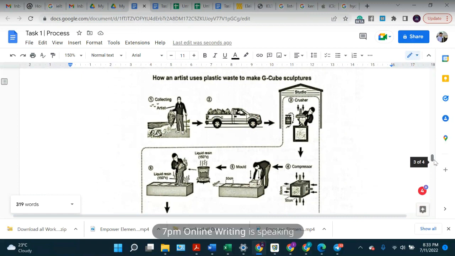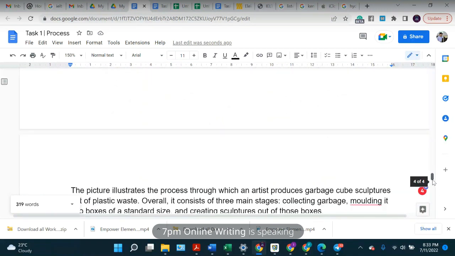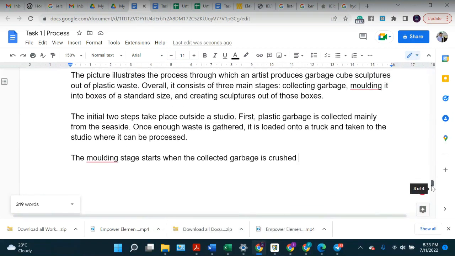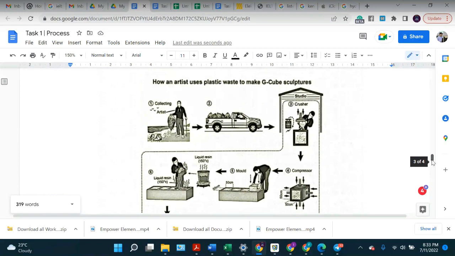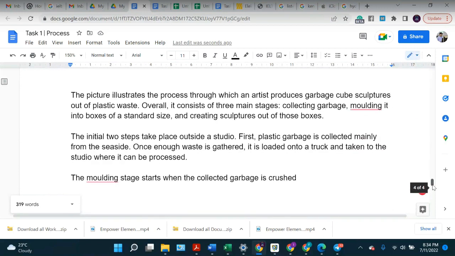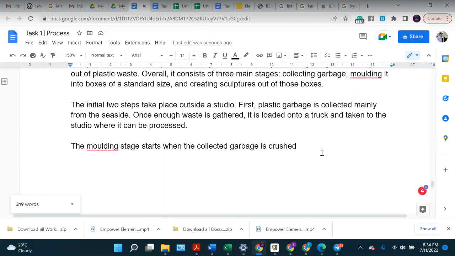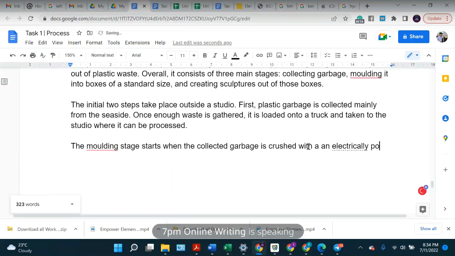How do you add this electric powered by? The simplest version would be by a special piece of equipment, or if you want to be clearer, an electrically powered crusher. Using, or with an electrically powered crusher.